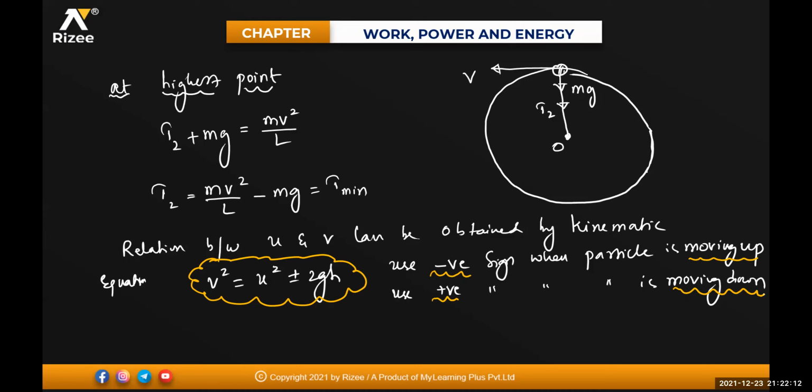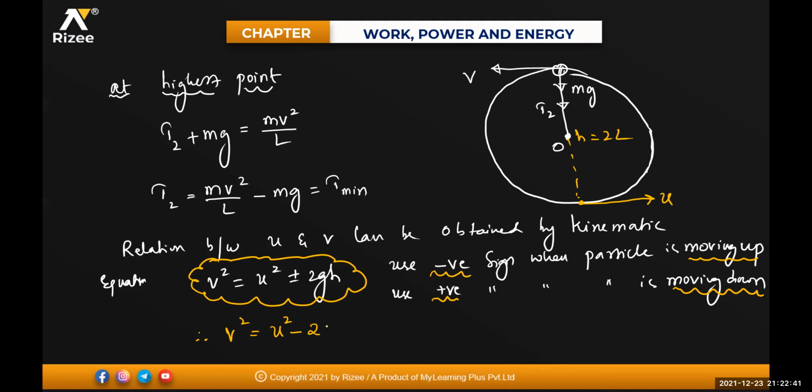So when the particle is moving from the lowest position to the highest position, what will be the velocity, beta, I can use? What is the height we are going? From the lowest position, the initial velocity is u, the final velocity is this much. So this distance h will be equal to 2L. Therefore, I can use here v square is equal to u square minus 2g h, as the particle is moving in the upward direction, negative sign when the particle is moving up.